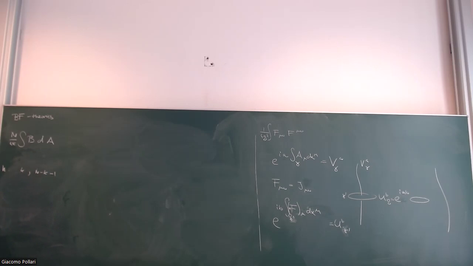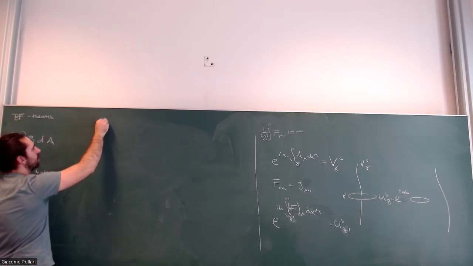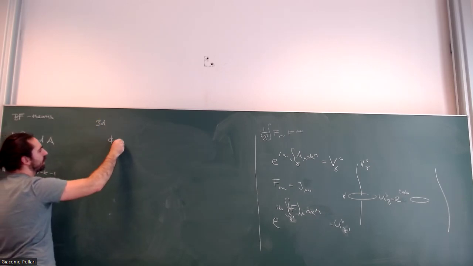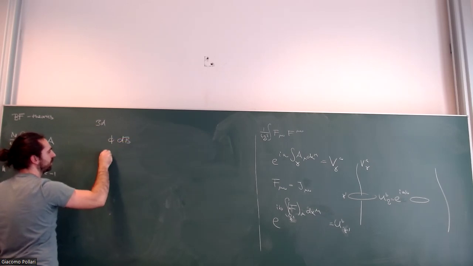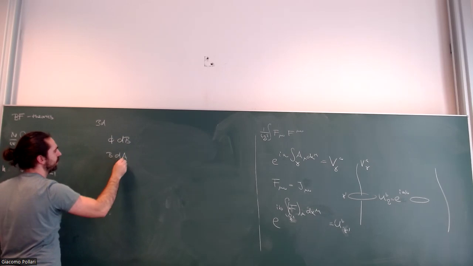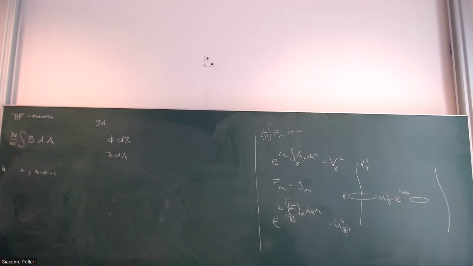And so there are always several such theories in any dimension. In particular, say in 3D, we can have a theory with a scalar and a 2-form, or a 1-form and a 1-form. Those are the only two options in 3D.